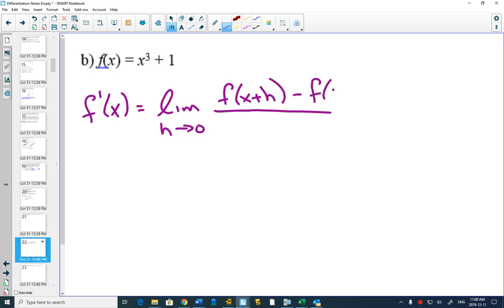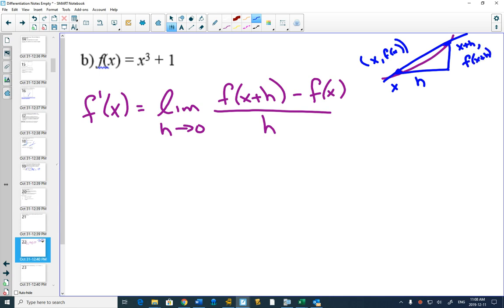This is just your slope formula, rise over run. Your y values divided by your x values. Okay, again, if you think about 2 points here like this and making this h, well, this is plugging in x, so this point will be x comma f of x, and this point will be x plus h comma f of x plus h, because you're adding h to x.